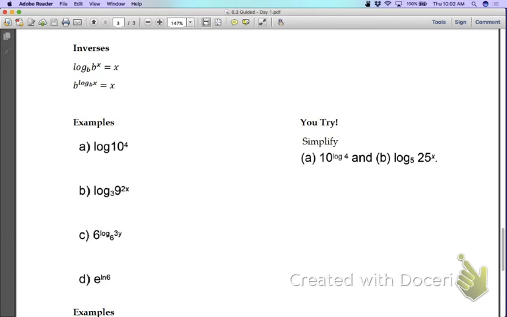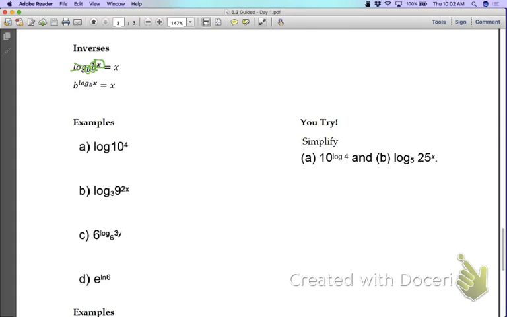Anytime you have a log or an exponent with the same base, like log base b of b to the x power, if the base of your log and the base of your exponent match, then everything is just going to cancel and it's just going to be equal to whatever your power is.